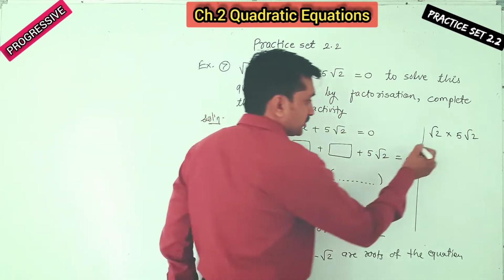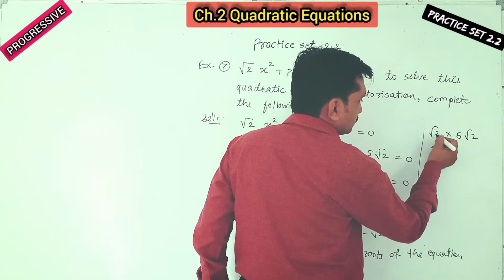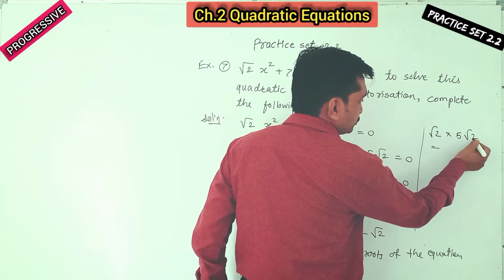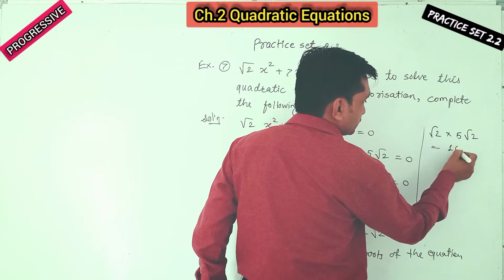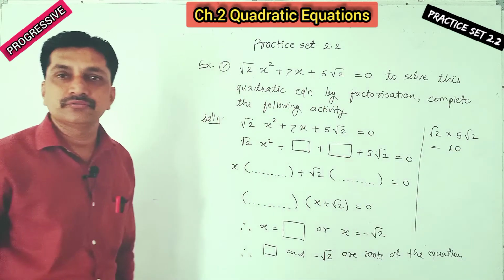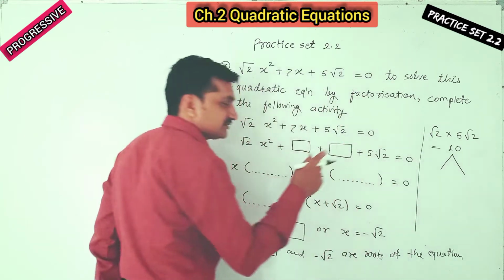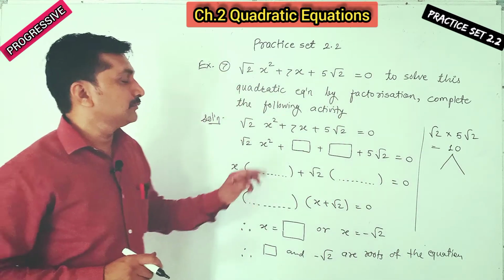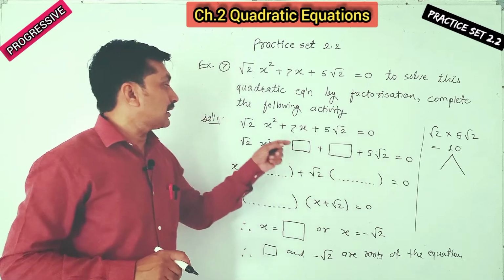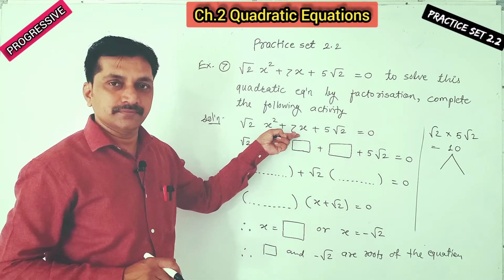Now do their product. What is the product here? Square root of 2 into square root of 2 is 2, and 5 twos are 10. Now we want factors of 10 such that the product should be 10 and the sum should be 7.